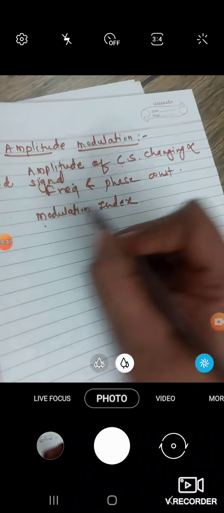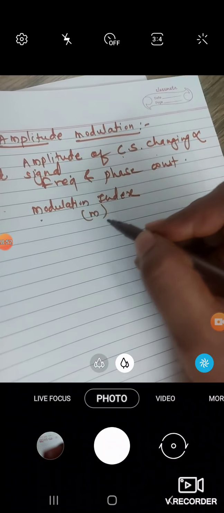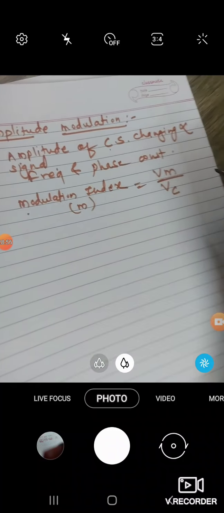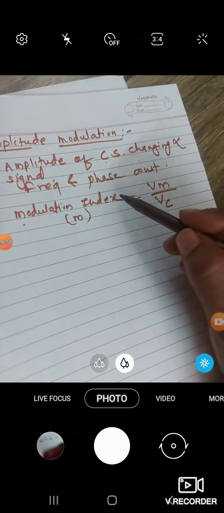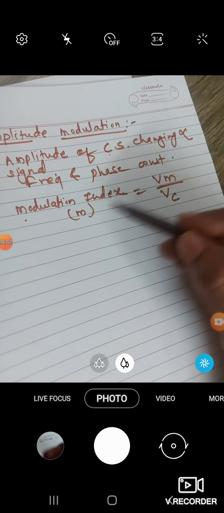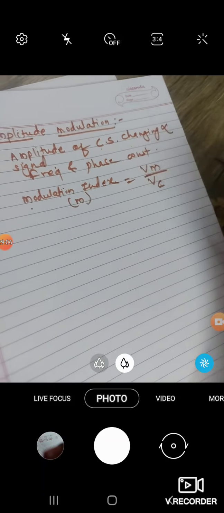So there is one term in amplitude modulation called modulation index, which is denoted by the symbol small m. It is the ratio of Vm by Vc.